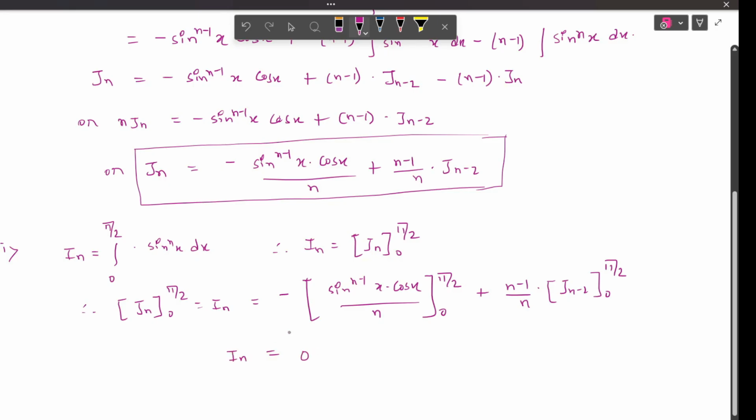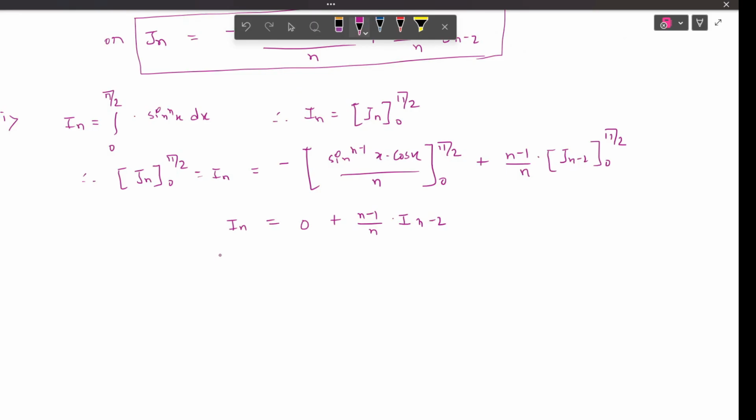So In is 0 plus n minus 1 by n into Jn from 0 to pi by 2, which is In, then Jn minus 2 from 0 to pi by 2 would be In minus 2. So we can say that this integral In is n minus 1 by n into In minus 2. This is the formula you have to remember.